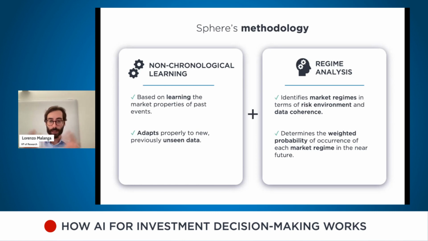By combining the two, we get a holistic modeling, which limits the fact that in financial markets you really have a low signal-to-noise ratio. This is the powerful methodology that fuels every section of Sphere.